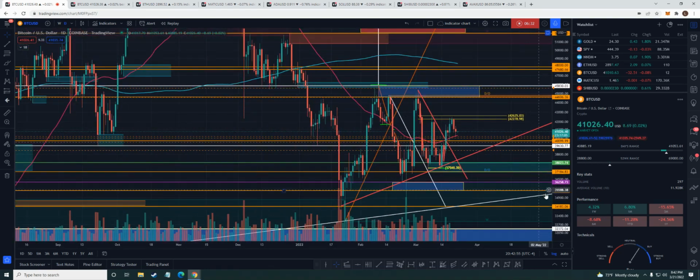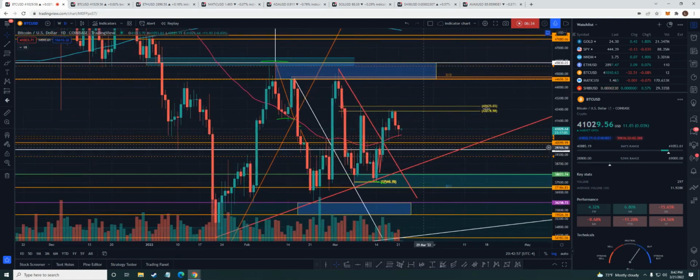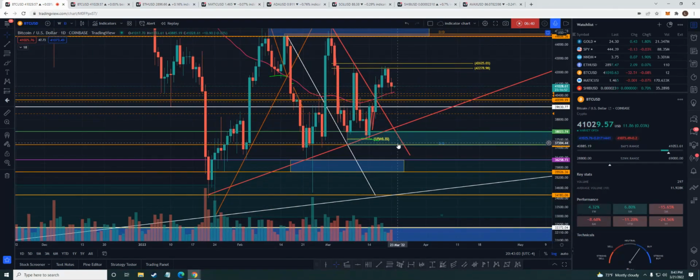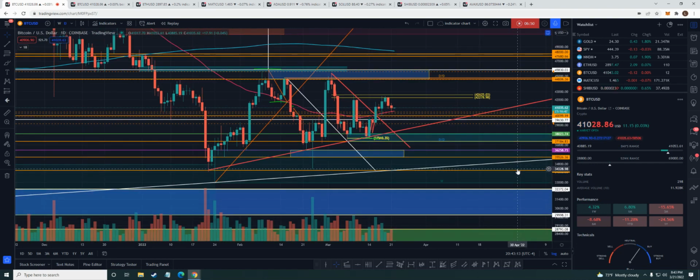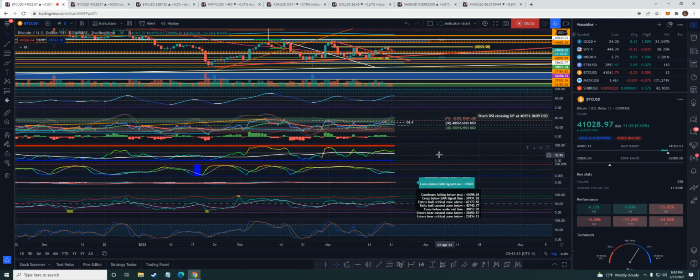That's where I would start to really look bullish, guys. Until then, we're just in this pattern. And I just don't want to see any kind of closure under this, right now, under this 38 to 37,200 area. If we do that, then I would be looking for more downside. But right now, we're still looking okay.